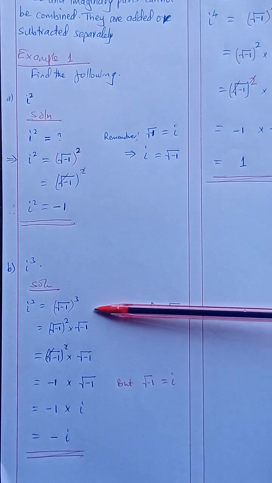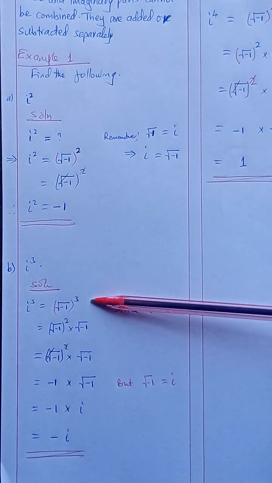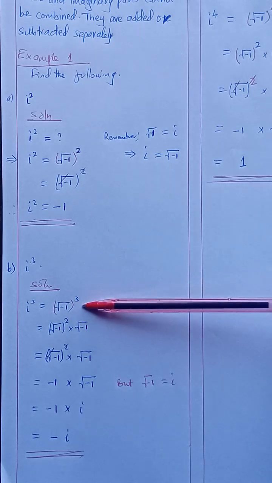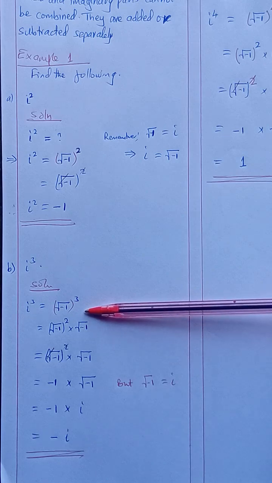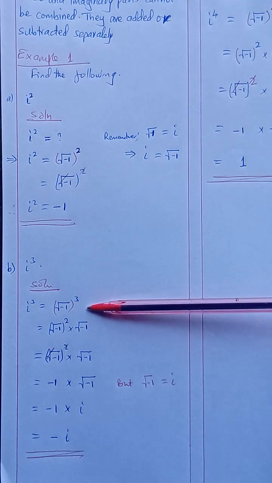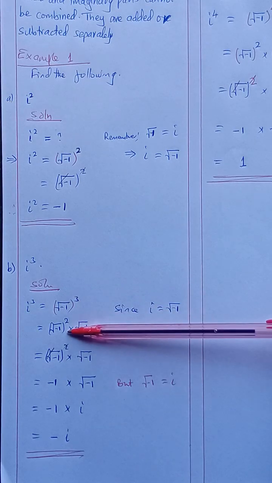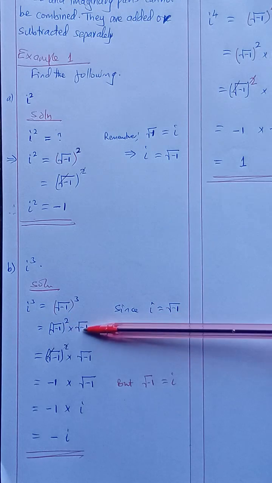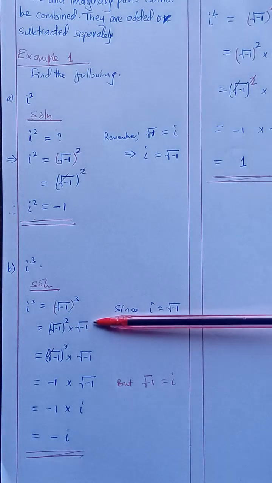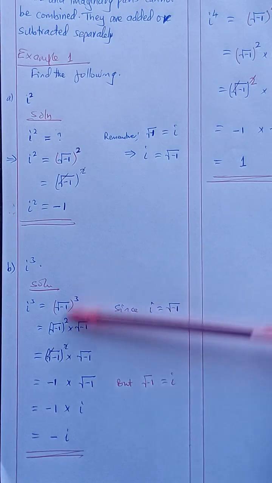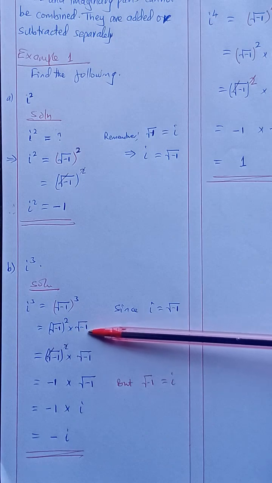So we aim at making one of them power 2, because when it is to power 2, it makes it easy for us to remove the root sign. That is why in the next step, we put power 2 on one side, then we multiply by the other one without the power, which is power 1. Power 3 means this one to power 2 times the same thing to power 1.